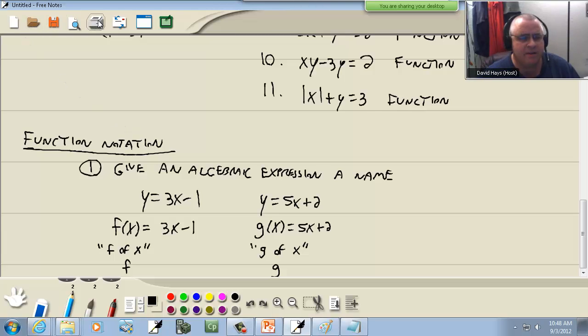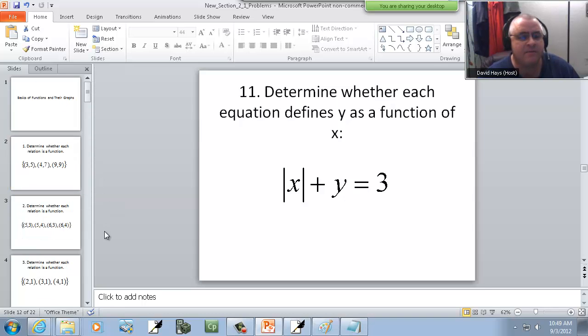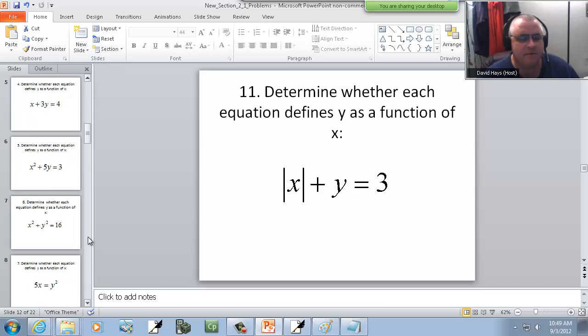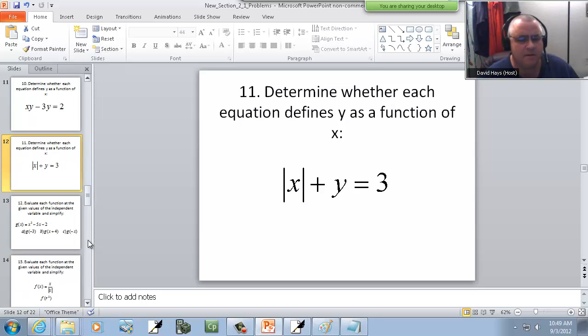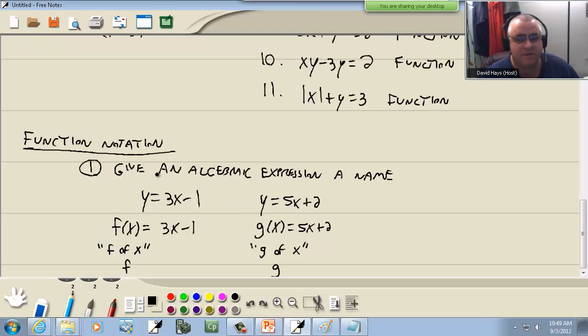Let me save this. So basics of functions and their graphs. Actually, I don't think I need to save these. Sorry, I got these saved for these sections. My earlier ones I didn't. So let me just start a new page.